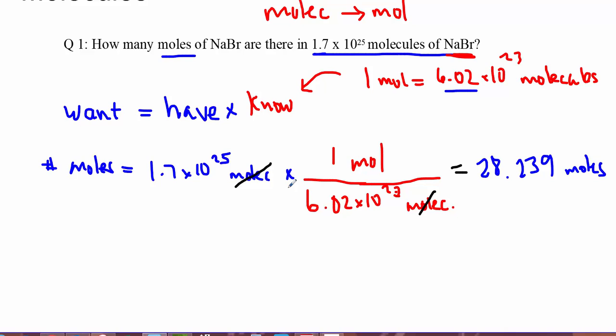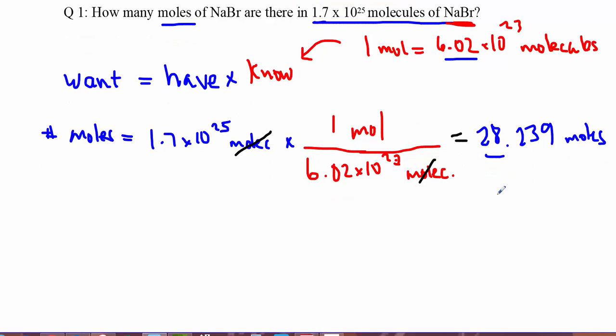So I'm going to round this number to 28. This is my answer. It's equal to 28 moles. Or I could also write that as 2.8 times 10 to the exponent 1, which would also be totally acceptable and would have the correct number of sig figs. And that's my answer. Let's try another question.